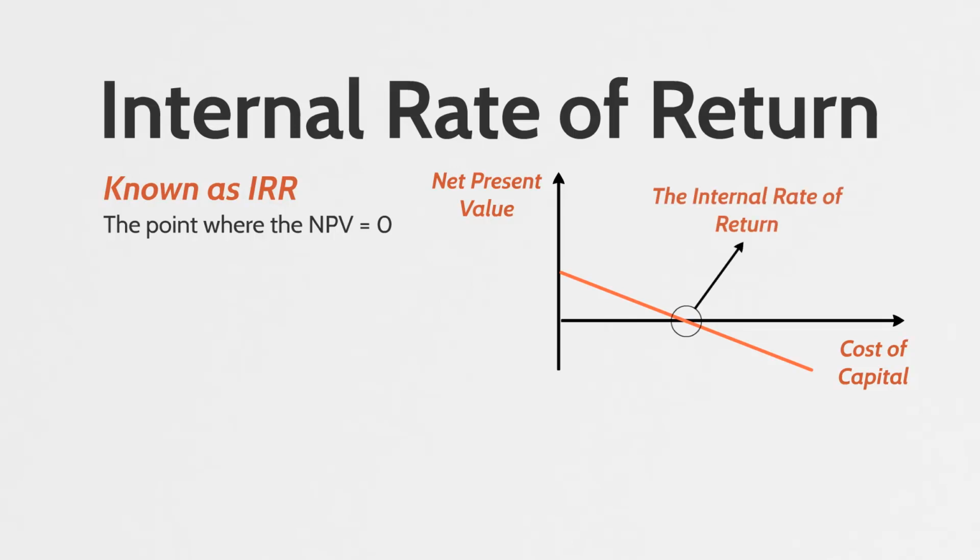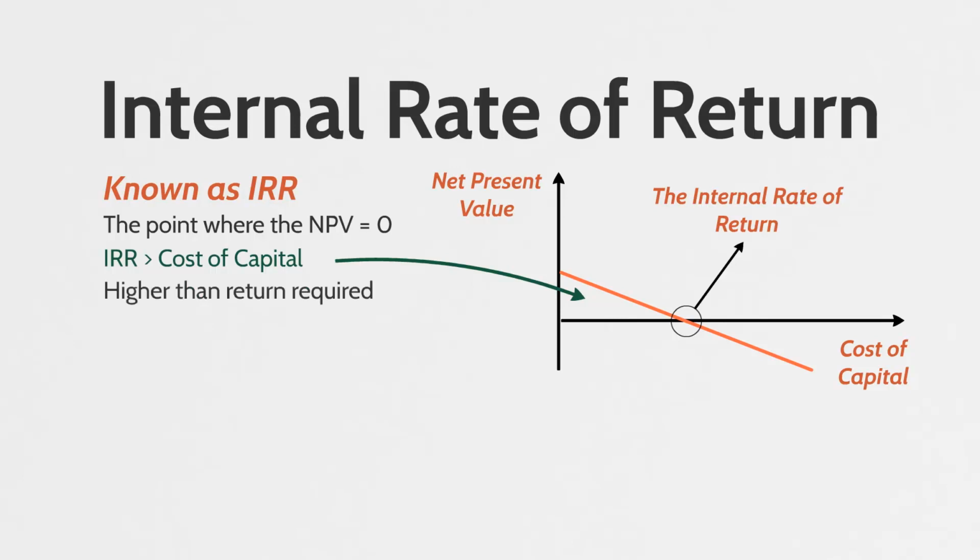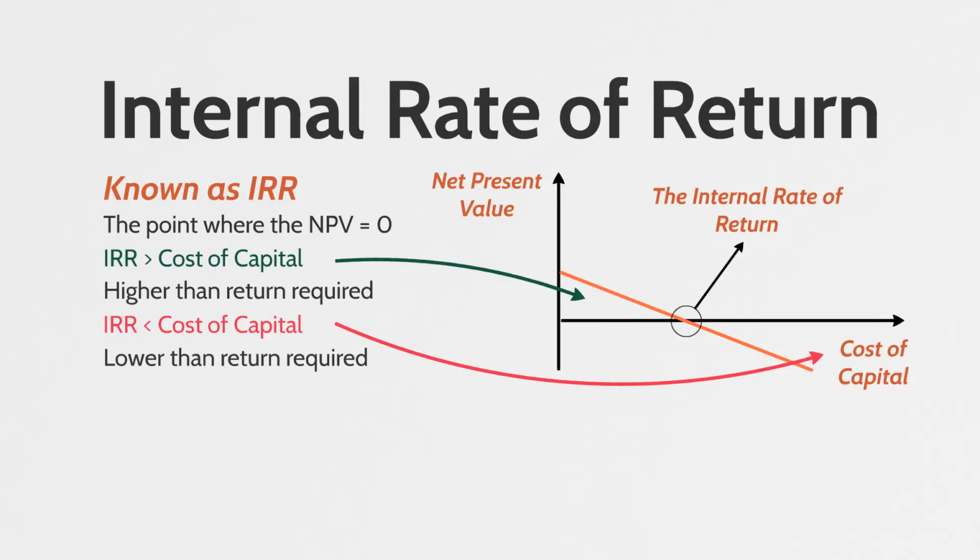And this is generally seen as the minimum return required by shareholders. So if the IRR is greater than the cost of capital, then it is a return better than required by stakeholders. Whereas if it is lower than the cost of capital, then this is lower than the return required by stakeholders.